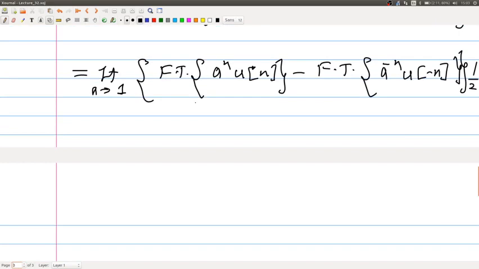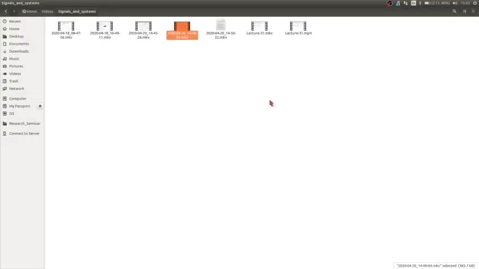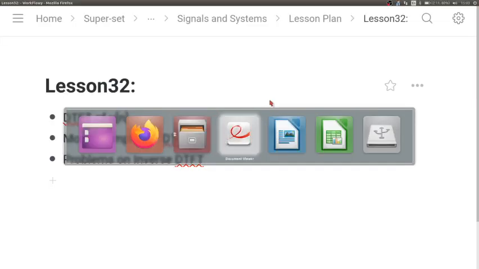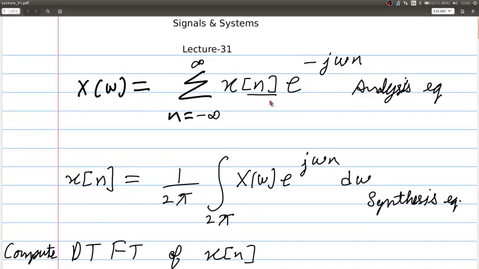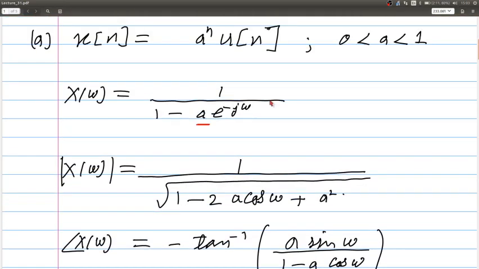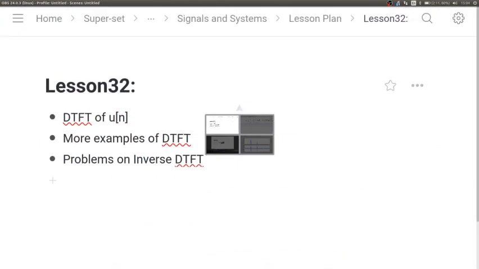So we already know the Fourier transform of a to the power n u[n]. This also we had solved in the last class. So the Fourier transform of a to the power n u[n] is 1 by 1 minus a e to the power minus j omega.